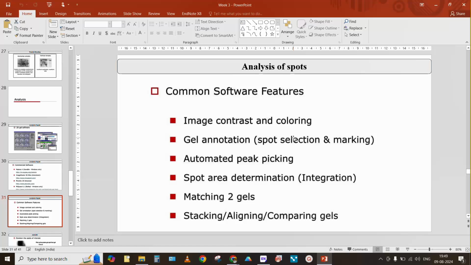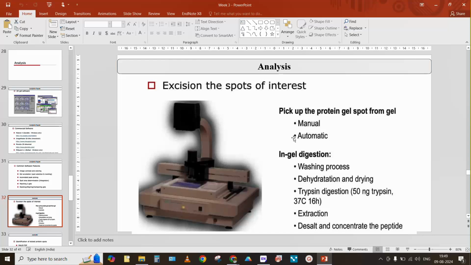There is matching of 2D gels, comparing two or more gels, and stacking, aligning and comparing of the gels, which is very useful and helpful for the analysis.